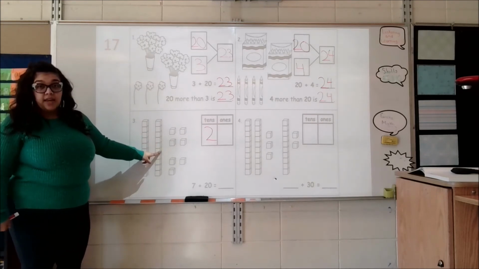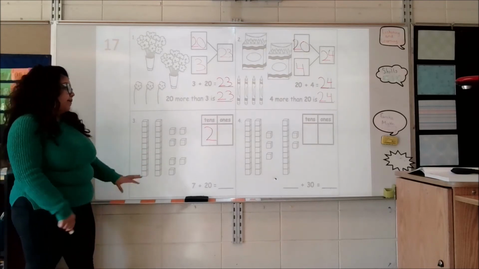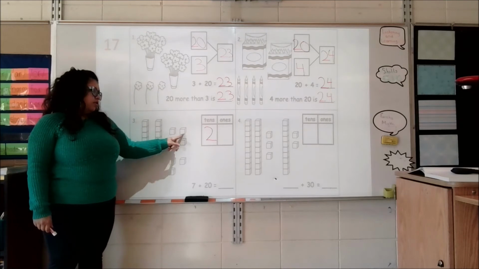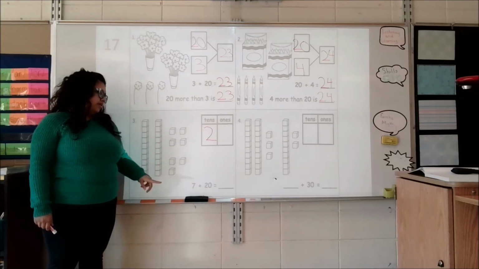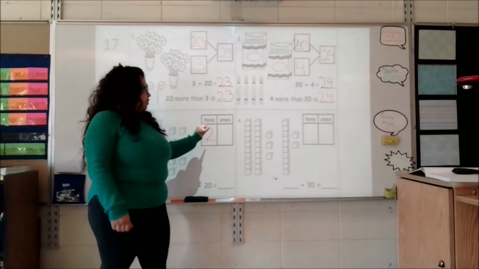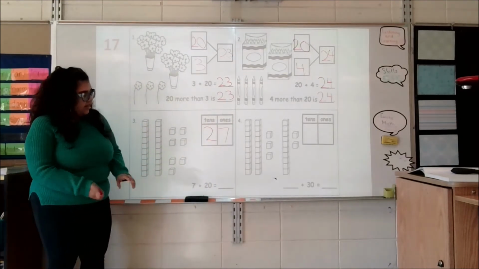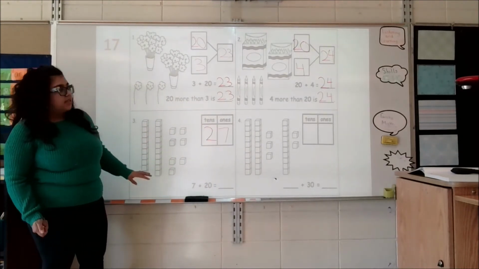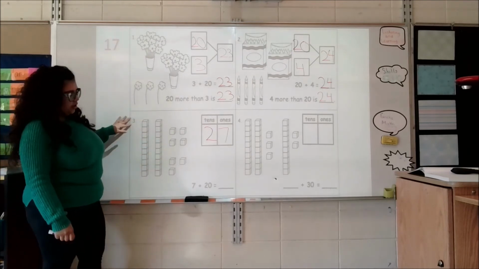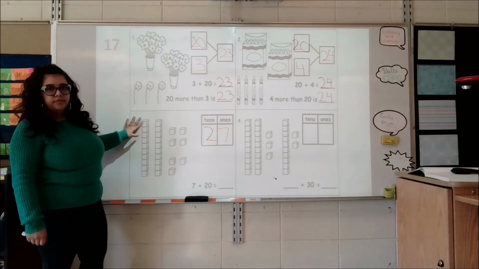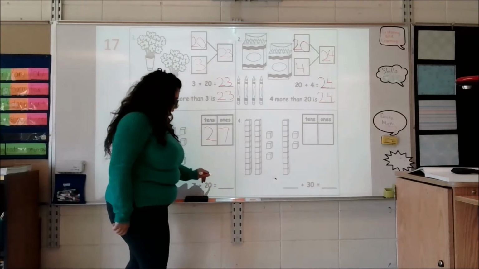Now do you see how they're the same? Good. So now let's count how many ones we have. 1, 2, 3, 4, 5, 6, 7. So 2 10, 7 ones is the same as 7 plus 20. What is the whole pictured here? Great work. 27. Excellent.